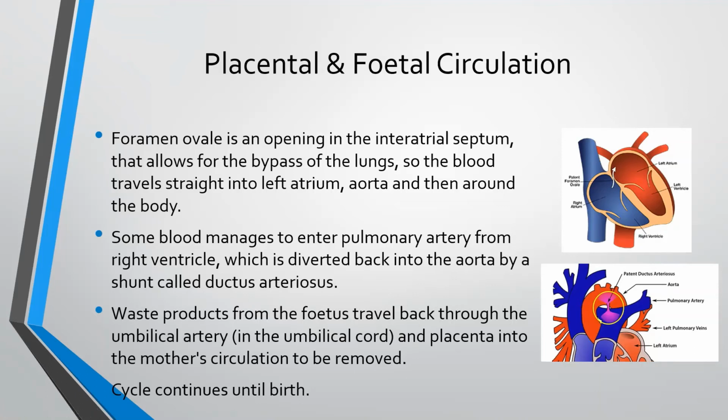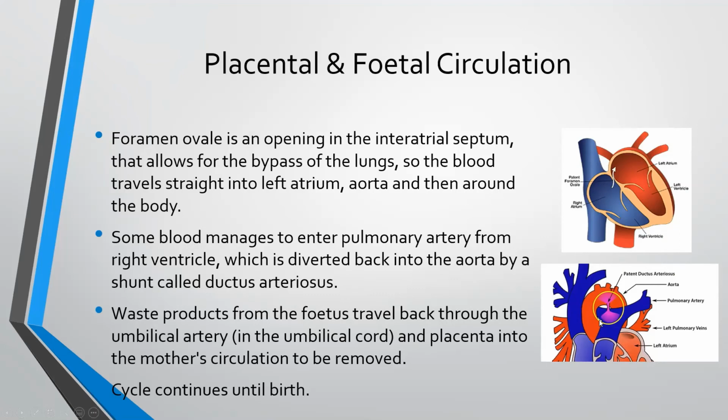Some blood also manages to enter into the pulmonary artery from the right ventricle. And so once it's in the pulmonary artery of the fetus, it has to be diverted back towards the aorta, and this occurs through a shunt called the ductus arteriosus.